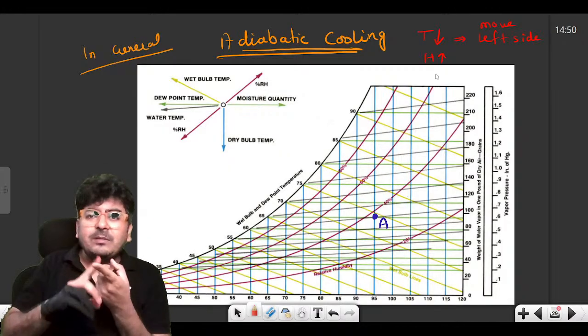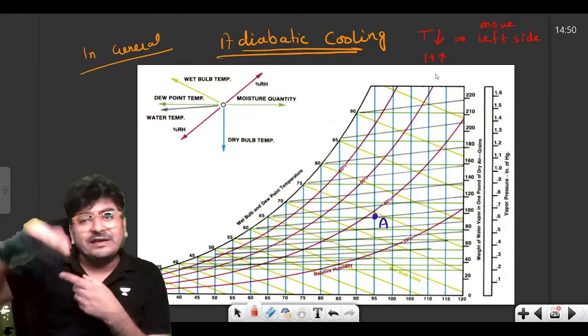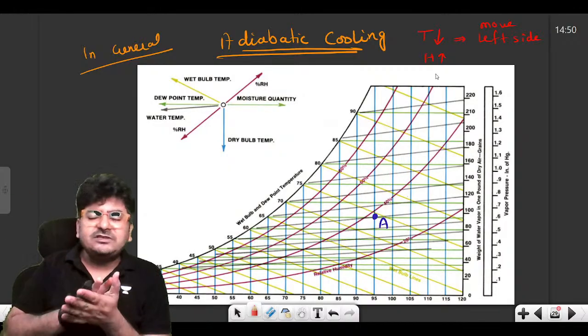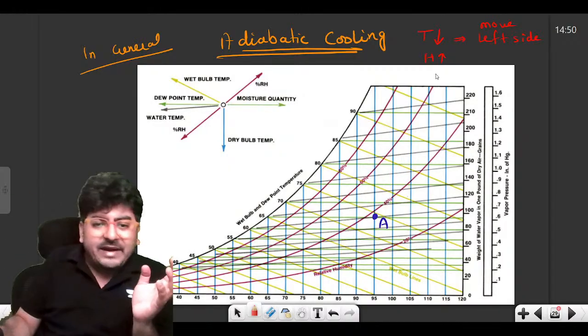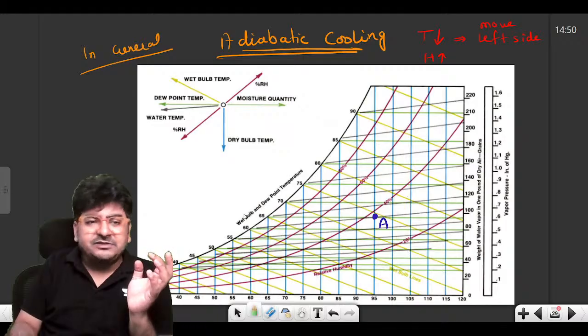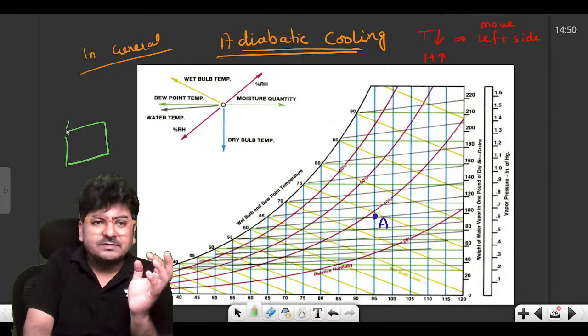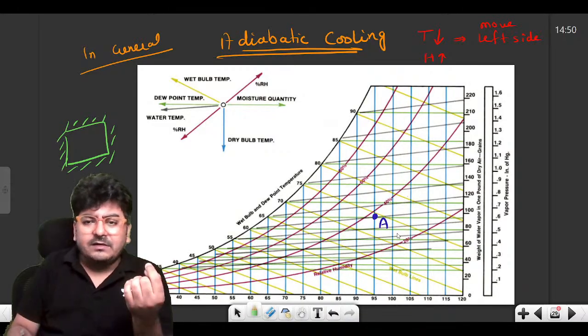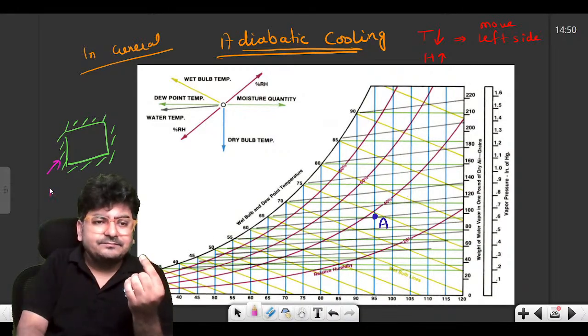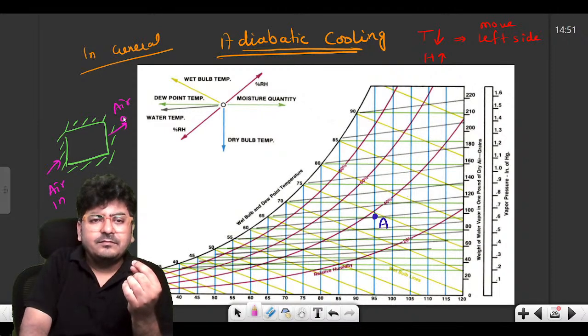Okay, so I'm not talking about the saturation temperature, the cooling till adiabatic saturation. No, I'm just talking in an adiabatic chamber. If we have some adiabatic chamber, suppose something like this, and here air enters, and here air will leave.